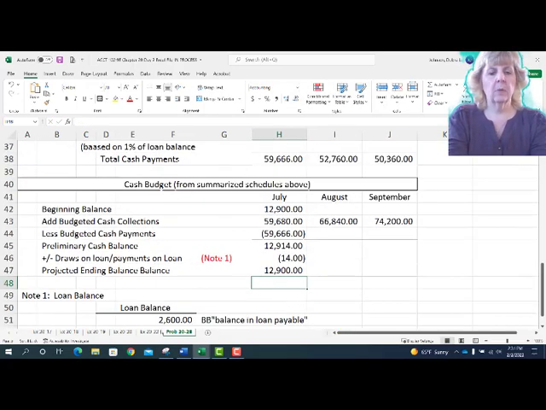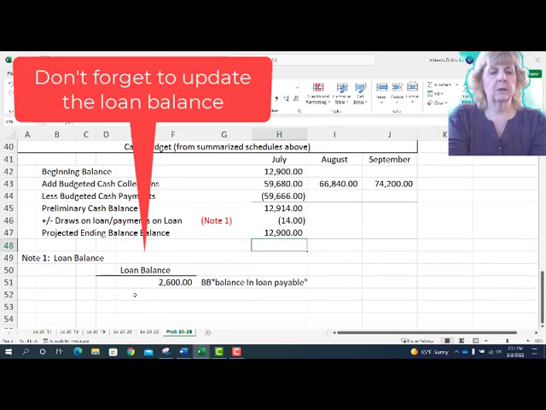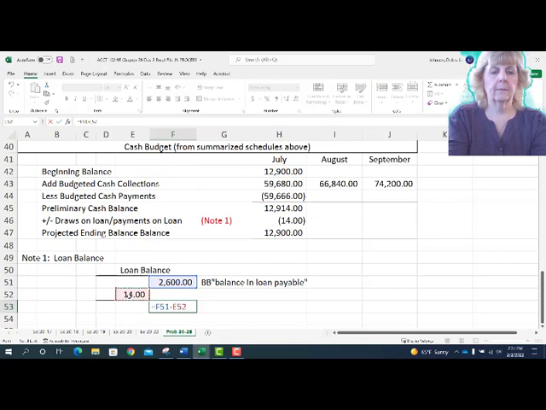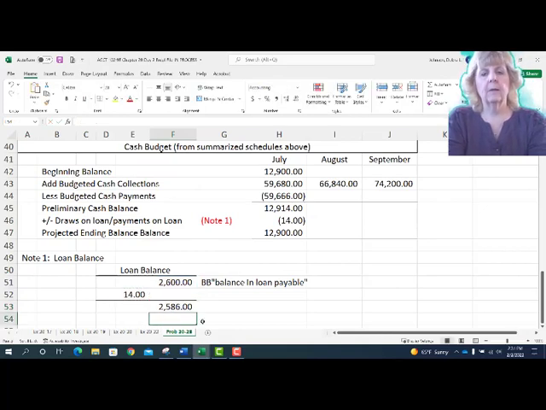Let me take a moment and go update my loan balance because shortly we'll be asked to make another interest payment. So let me put a total line in here, calculate our new loan balance. We just paid a little bit off, and $25.86 is our balance now.